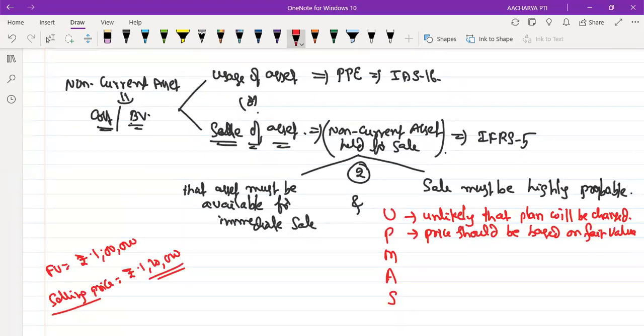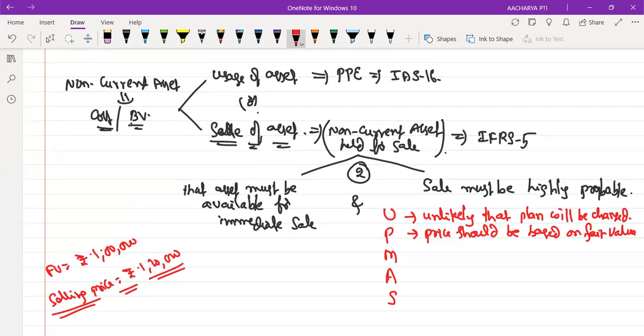So it is clear that management does not intend to sell, because a party who wants to sell an asset has to fix the price at market price or less, not more than the market price. Here the fair value in the market is 1 lakh, but the management fixed the selling price at 1 lakh 20,000. That means the management has no intention to sell the asset under present conditions, so that asset is not classified as a non-current asset held for sale.